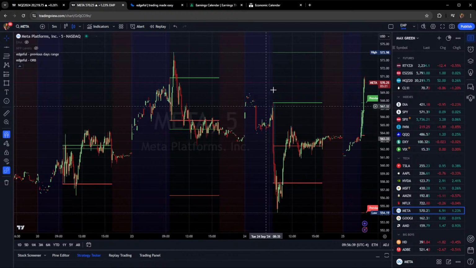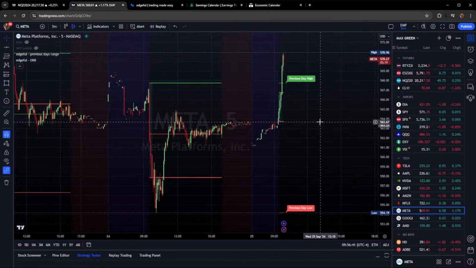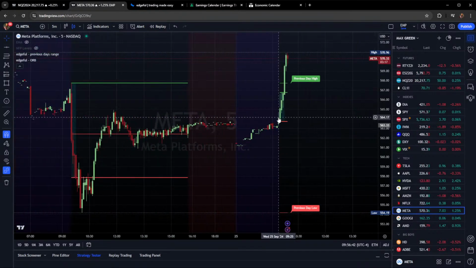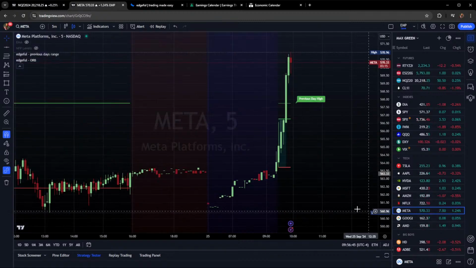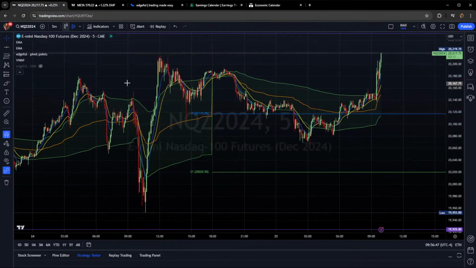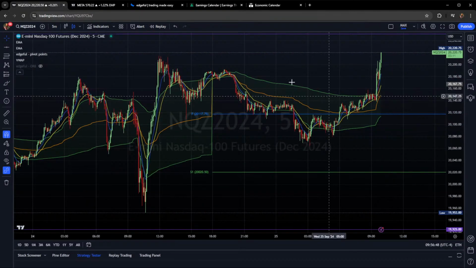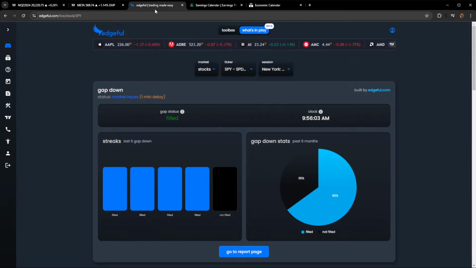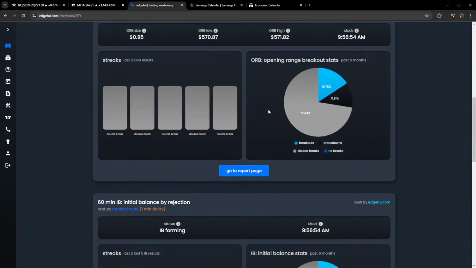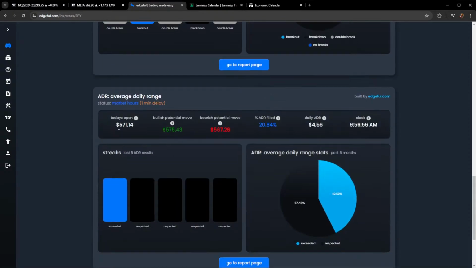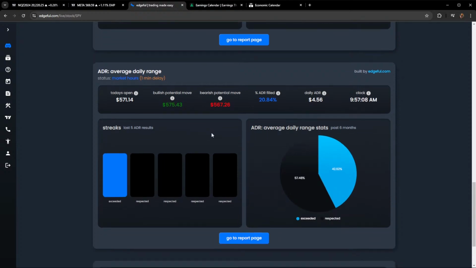Meta. Yeah, I don't know if you want to short this. I don't know that it looks super good to me right now. We're right in the middle of this, 571.50 right now on SPY, right in the middle of this.